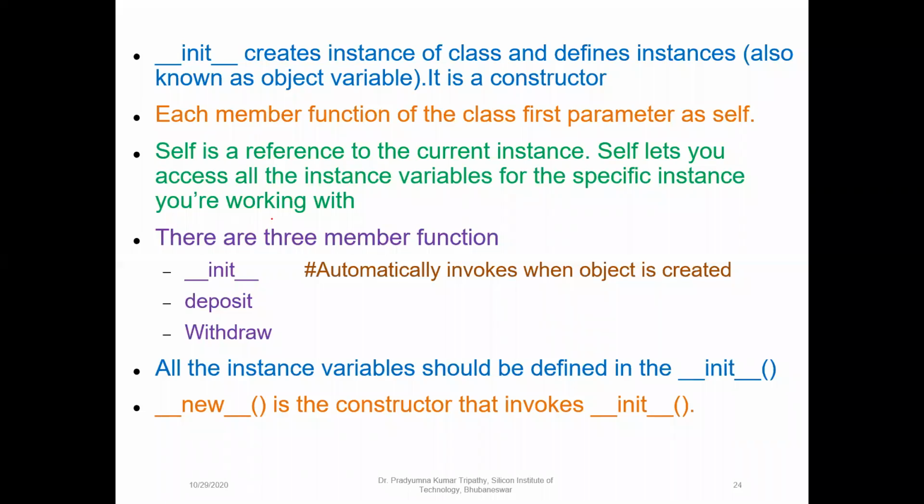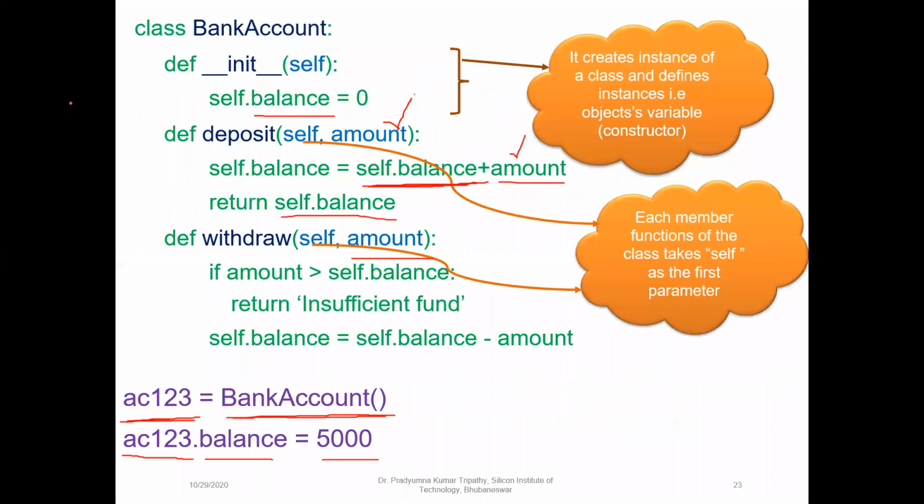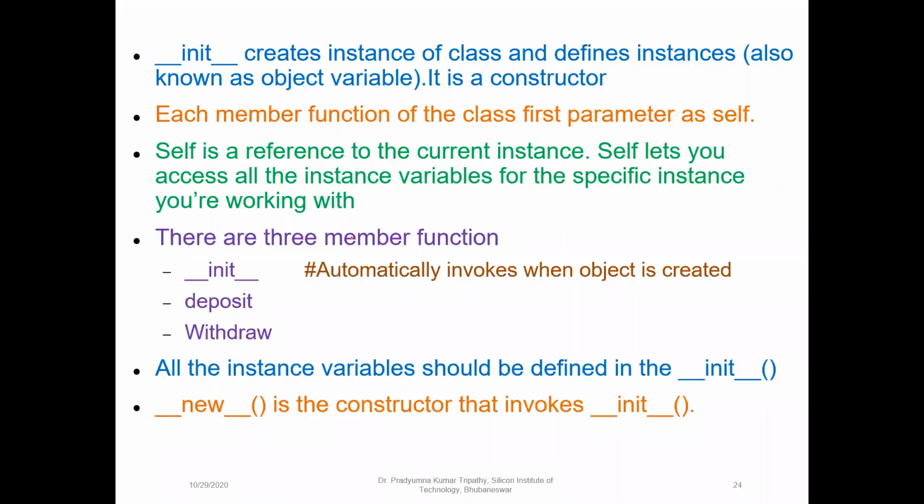For every method, you have to have the first parameter as self. For each of the methods, the first parameter must be self. Self is a reference to the current instance.